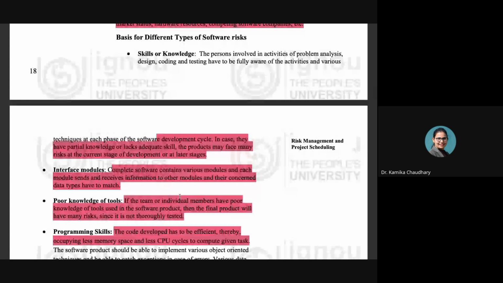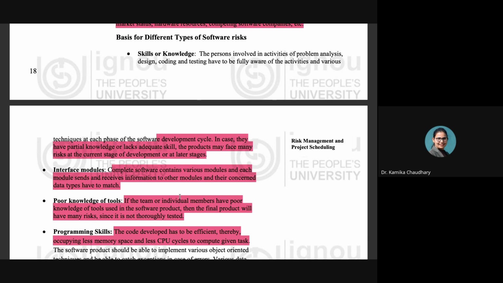If the people concerned with any of the steps do not have the amount of knowledge required to perform that particular skill, then there is always a risk. So risk can occur at any stage in the development of the software, initial or later. It depends on the skill or knowledge of the people involved in its development.